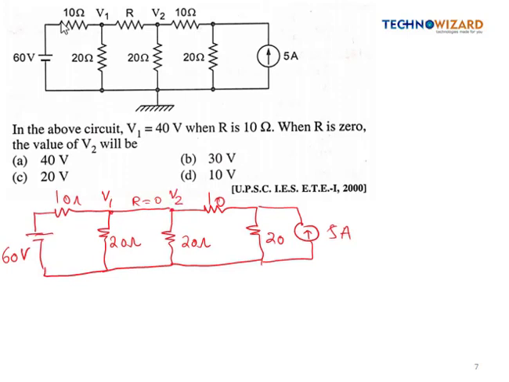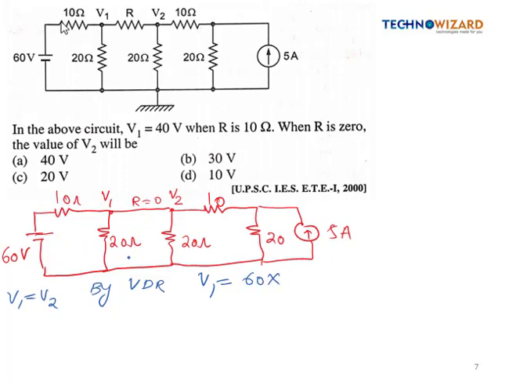So here the value of V1 will be equal to V2 because there is no resistance and hence no voltage drop will be there. So that's why the value of V1 will be equal to V2. So simply we can find the value of V1 by applying the voltage division rule. V1 is the voltage across the 20 ohm resistor, and the total voltage is 60 volt.